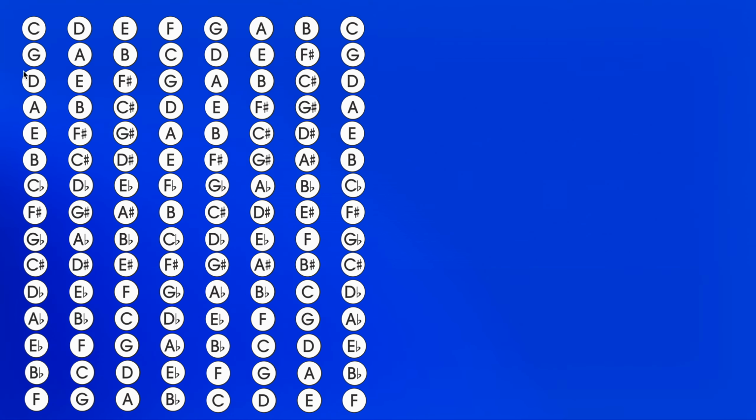In other words, if you look at D, E, F sharp, G, A, B, C sharp, D, and A flat, B flat, C, D flat, E flat, F, G, A flat as 1, 2, 3, 4, 5, 6, 7, 1, 2, 3, 4, 5, 6, 7, as you see those as a similar system, then you'll be less mystified by what you're reading when you see a chord progression that's say 1, 4, 5, or 2, 5, 1, or whatever it might be.